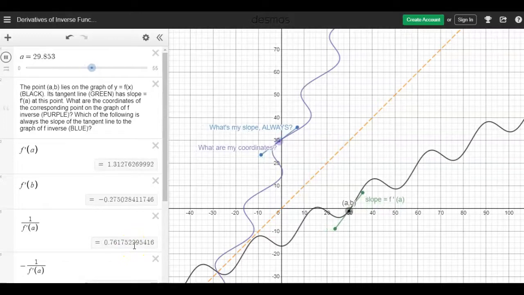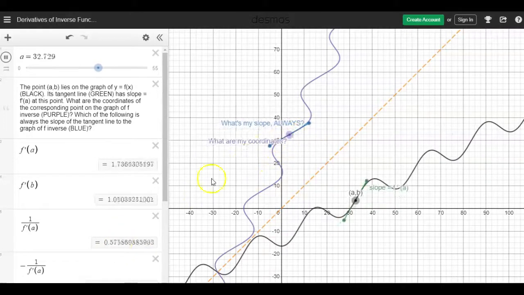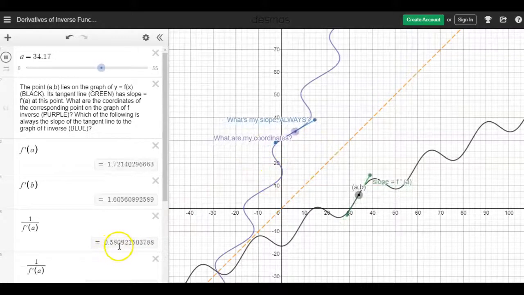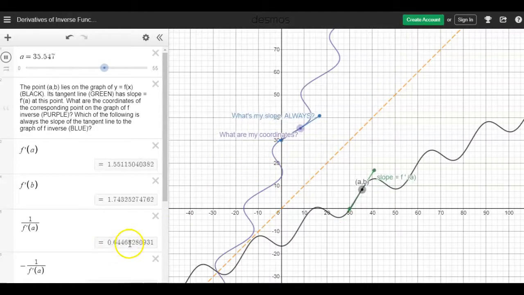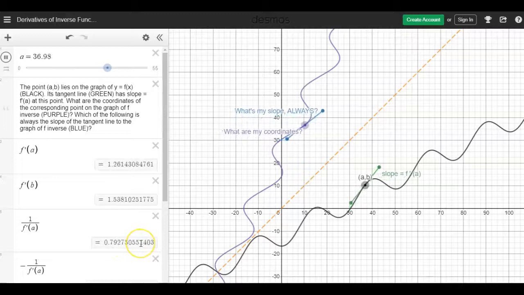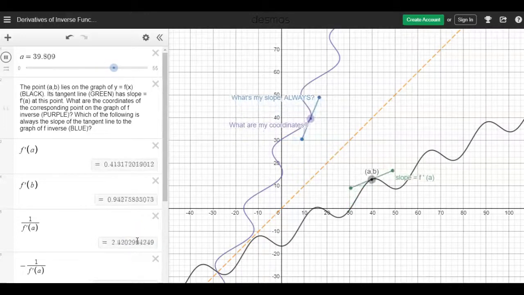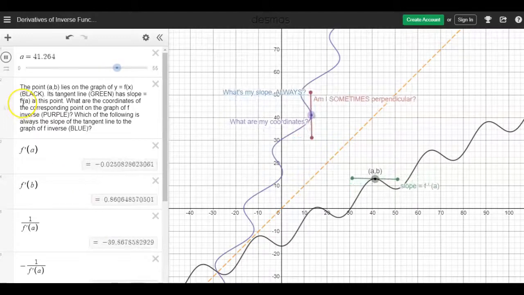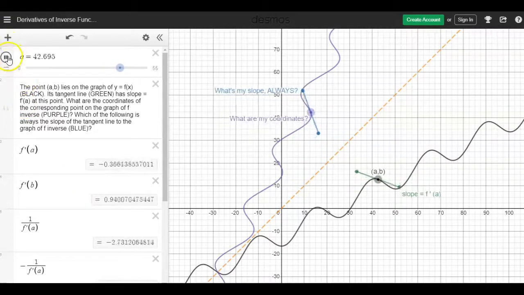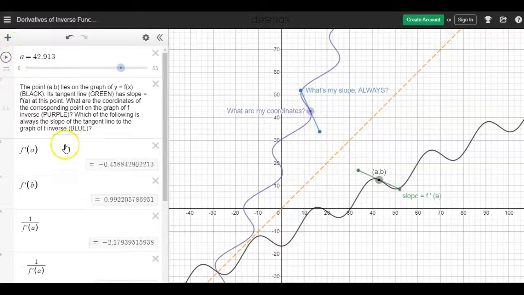And as we see it decrease here, it decreases to a given value around about 0.5, and then rather than getting any smaller, it's going to increase again until it becomes infinite, and then it becomes negative and steep. So our experience with Desmos backs up our maths, which is great to see.